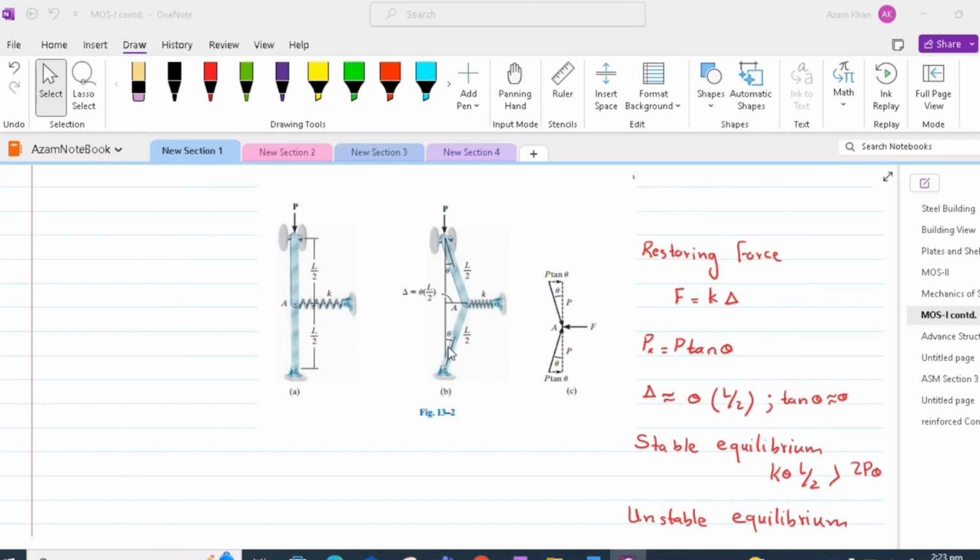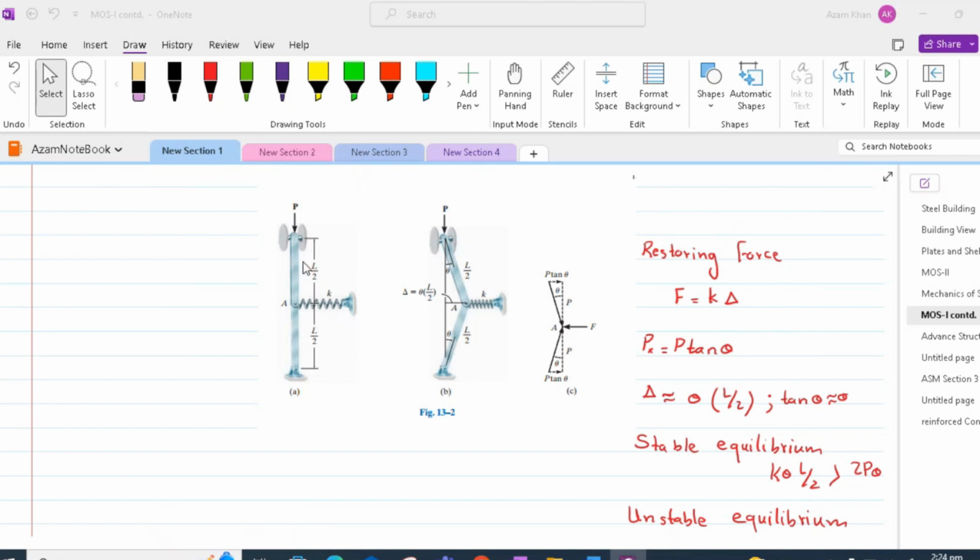Please note, when the two bars are in the vertical position, the horizontal spring having stiffness K is unstretched. We apply a vertical load P and keep on increasing the magnitude of the load P to an extent that the column starts deflecting laterally.